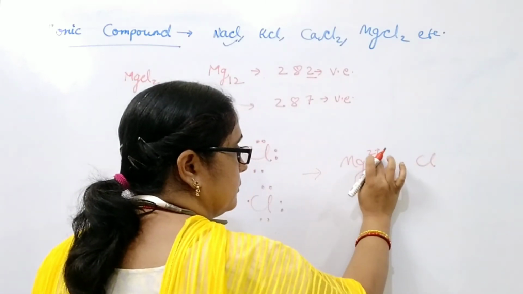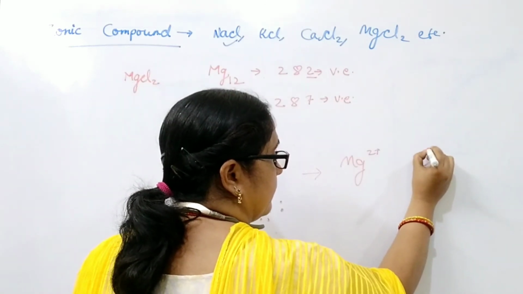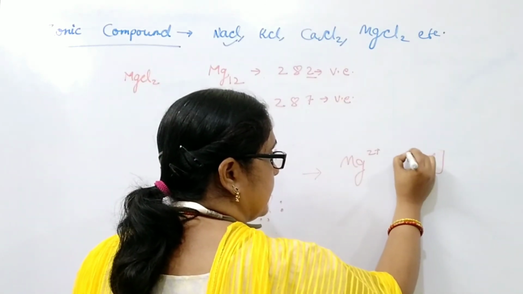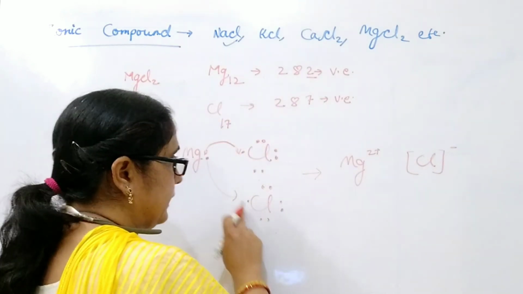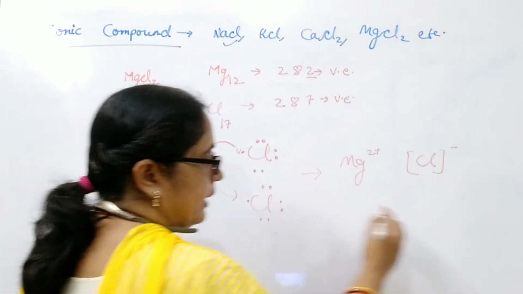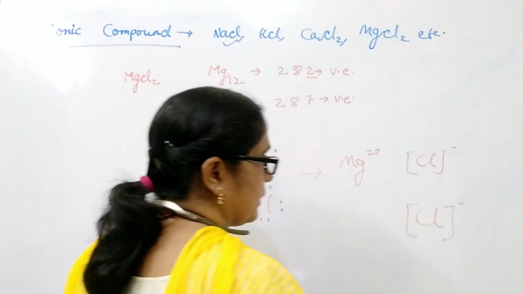One chlorine atom gains 1 electron and changes into a chloride ion, and when it changes into a chloride ion, it carries 1 negative charge. The other chlorine atom, by gaining 1 electron, also changes into a chloride ion.